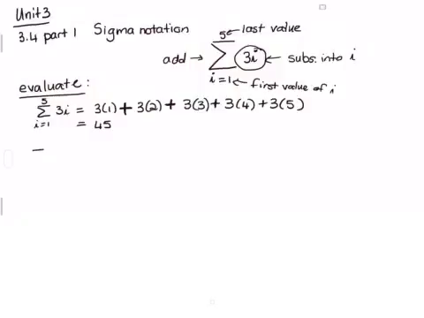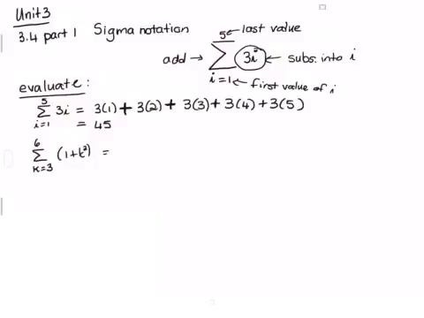Right, it doesn't have to start at 1 and it doesn't have to be an i. So in this case, k starts from 3 and it goes up to 6 and it is 1 plus k squared.